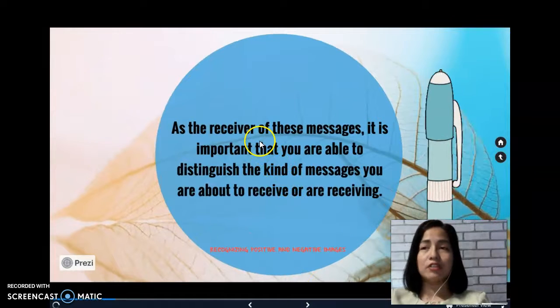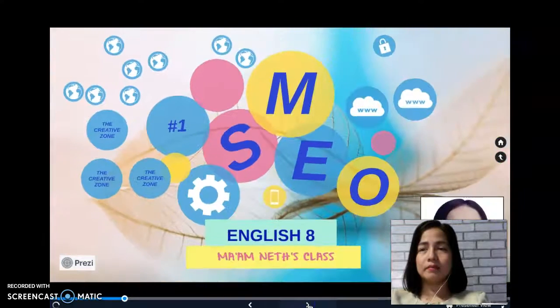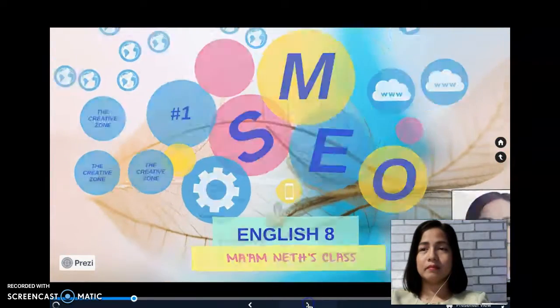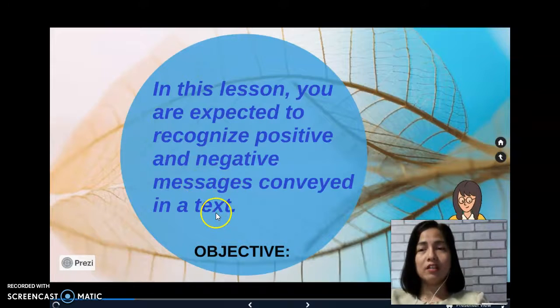As the receiver of these messages, it is important that you are able to distinguish the kind of messages you are about to receive or are receiving. What is the objective of this lesson? You are expected to recognize positive and negative messages conveyed in a text.